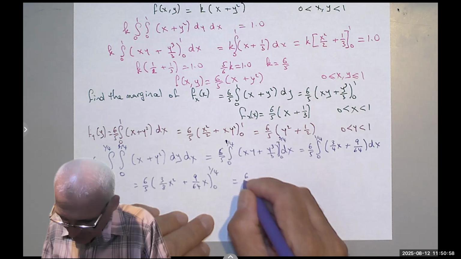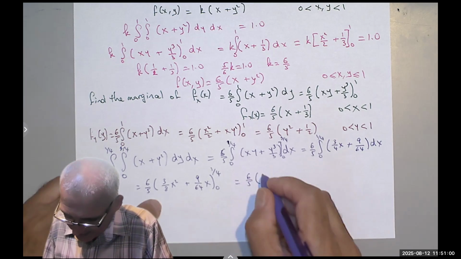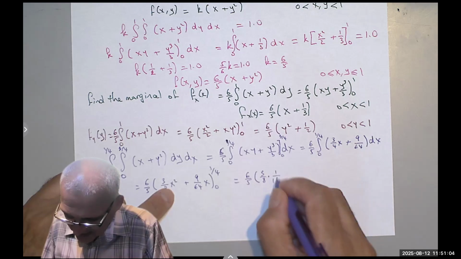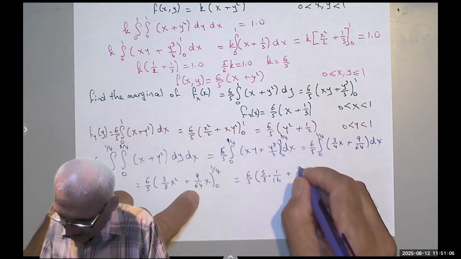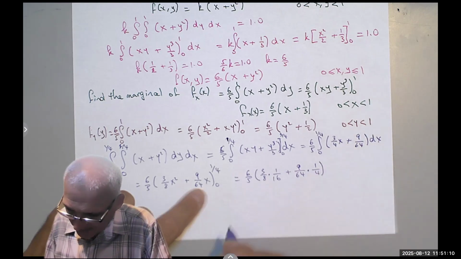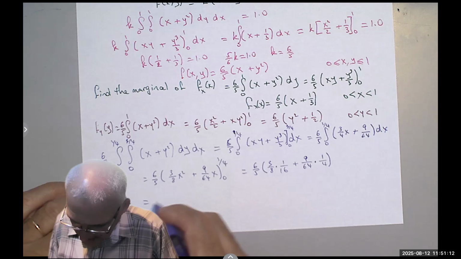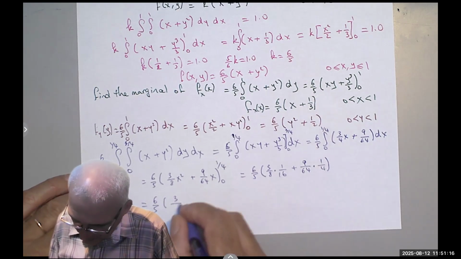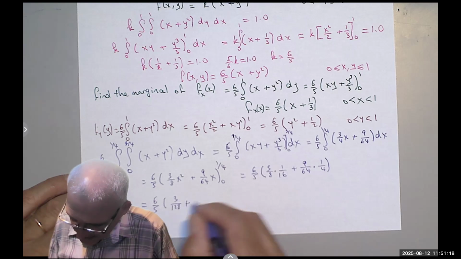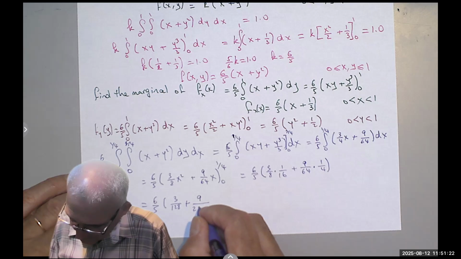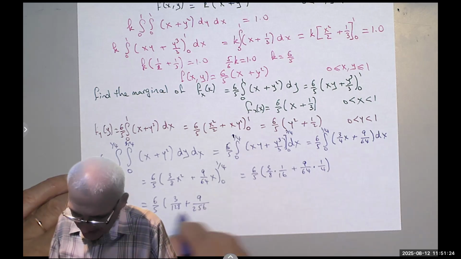So I get 6/5 times 3/8 times a quarter squared, which is 1/16, plus 9/64 times a quarter. This would be 6/5 times 3/128 plus 9/256, which is twice that.